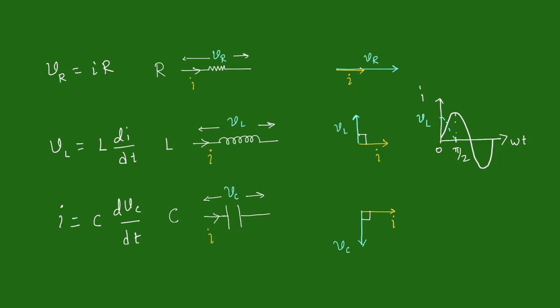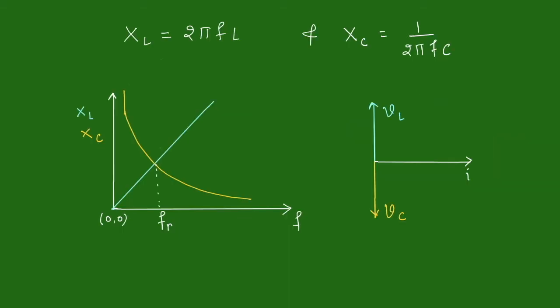Let us now compare variation of reactance of inductor and that of capacitor with respect to the applied frequency. Reactance of an inductor is directly proportional to the frequency of current flowing through it. It is given as 2 pi f into L, whereas that of capacitor is inversely proportional to the frequency of current flowing through it, and it is given as 1 upon 2 pi fC.